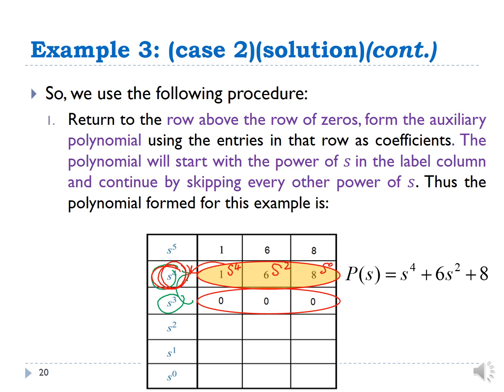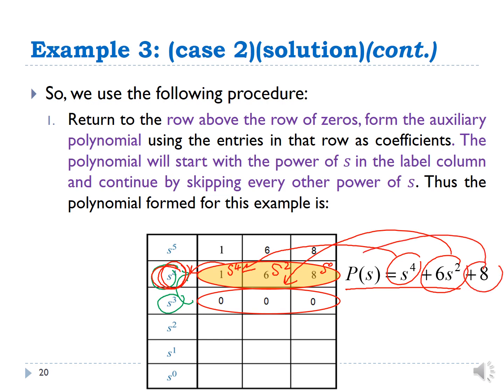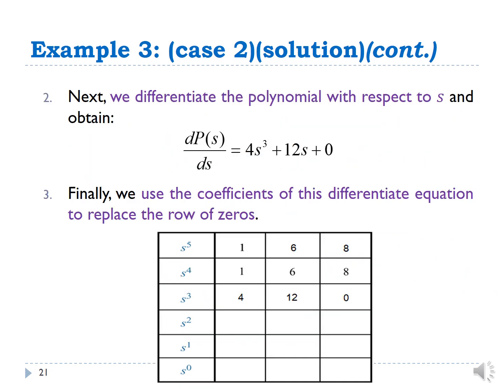Thus, the polynomial form for this example is P(s) equal to s power of 4 plus 6s power of 2 plus 8s power of 0.